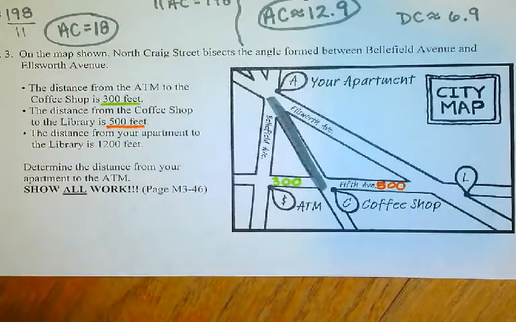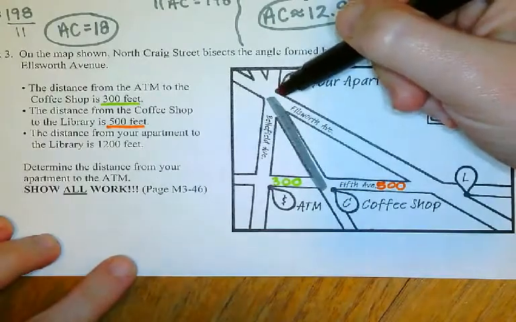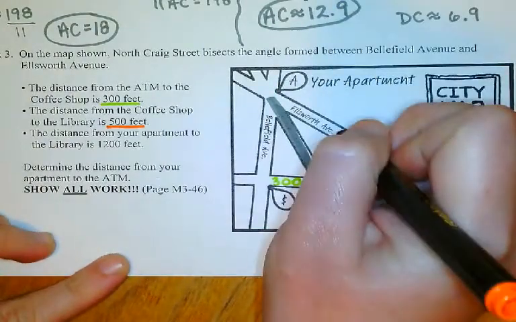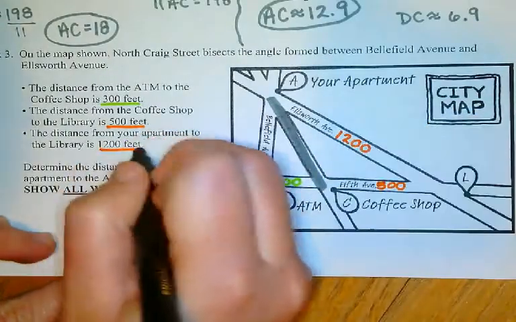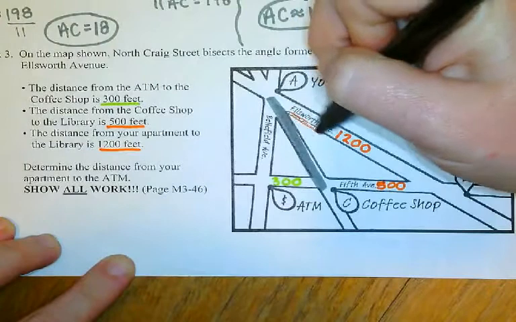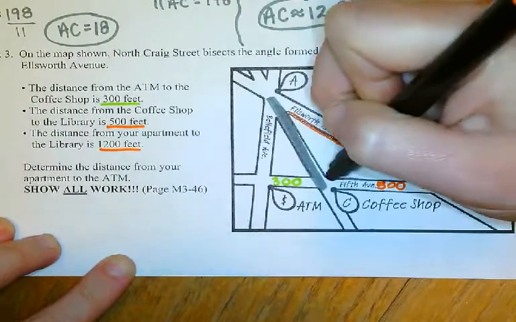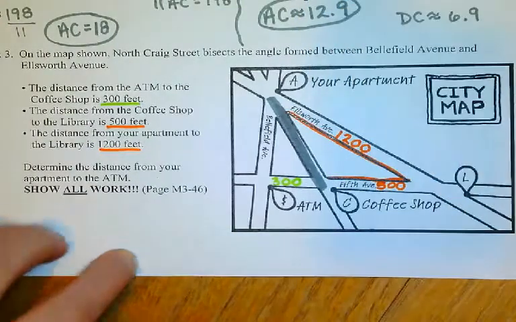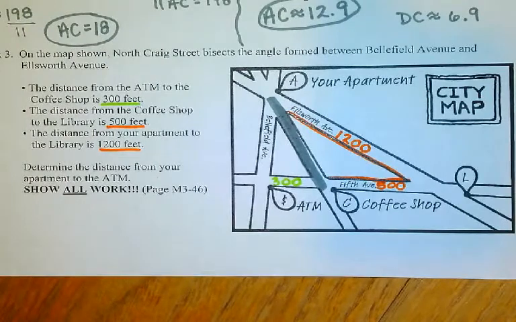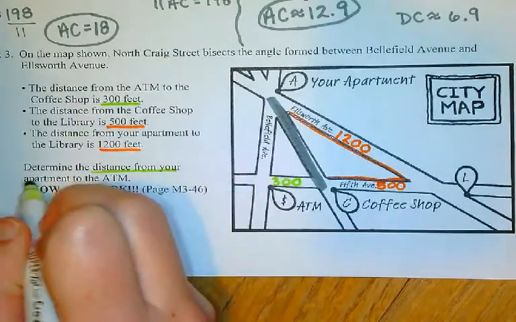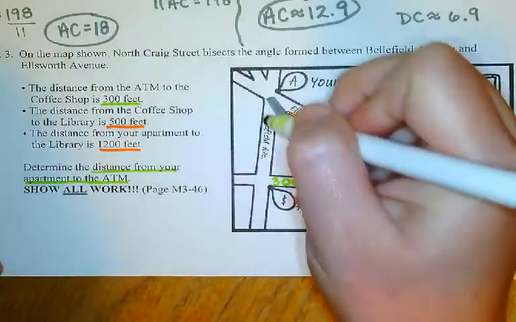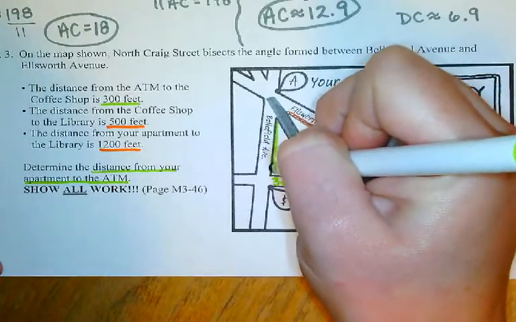The distance from your apartment to the library is 1200. So here's your apartment, here's the library. That is 1200. We can see this is the same triangle, so that's why I color coded it the same color. What we want to know is the distance from your apartment to the ATM. So we want to know this distance right here.